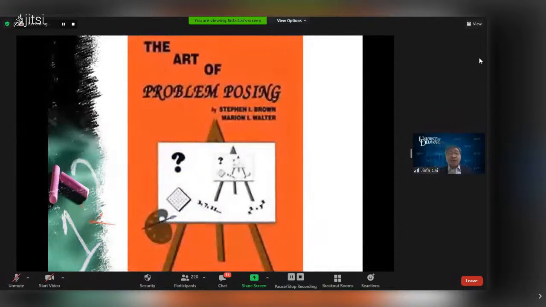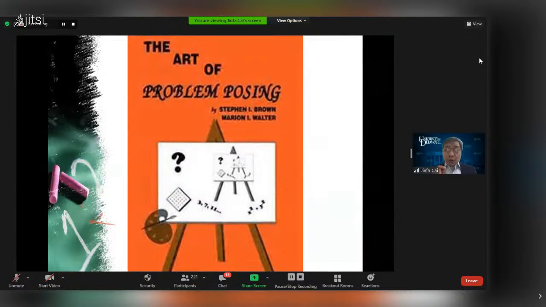And in 1983, two professors, Professor Brown and Professor Walter, published a book called The Art of Problem Posing. This is a widely circulated book that creates situations for college students to engage in problem posing activities.